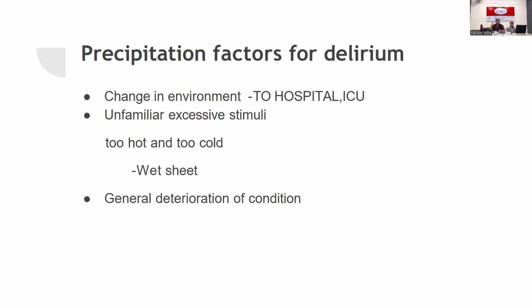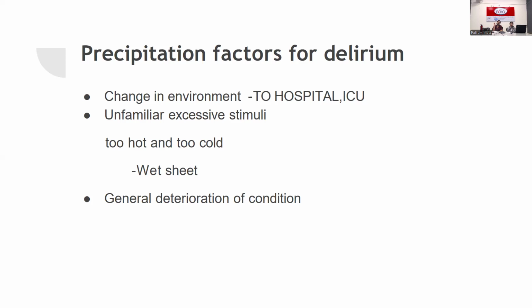And the general deterioration of condition. Sometimes family members will tell you, "Oh doctor, when we came, the patient was okay, but in your hospital, he has become like this." So it is very important to explain all these causes to them, maybe the change in environment, and also this deterioration of the condition.